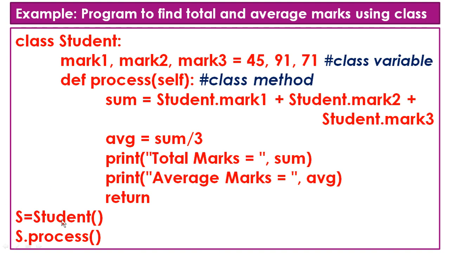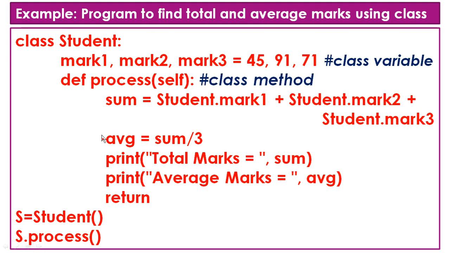Because when the first instance of the class is generated, the constructor of the class is called. Here there is no constructor, so by default a no-parameter constructor is generated. From that, Mark 1, Mark 2, Mark 3 are initiated with the set of values.